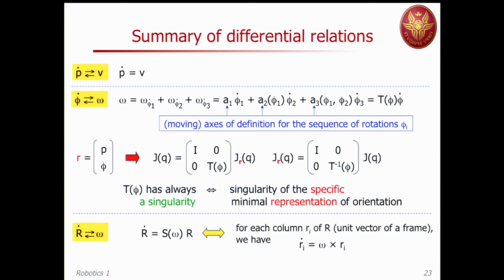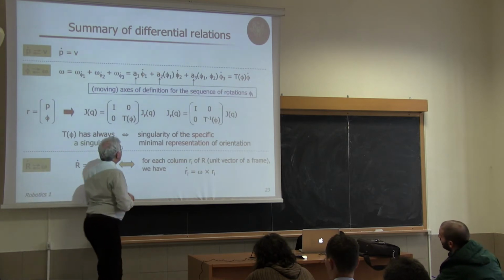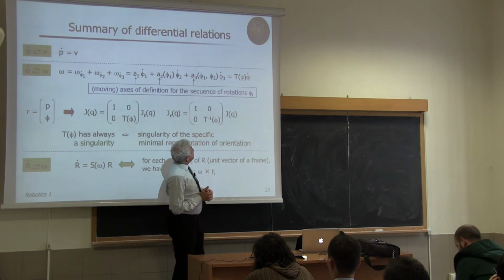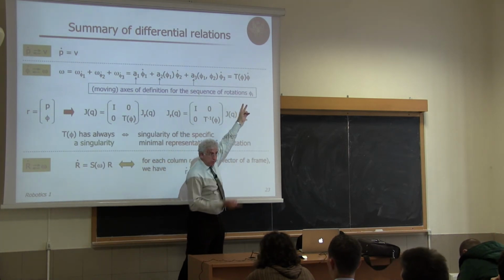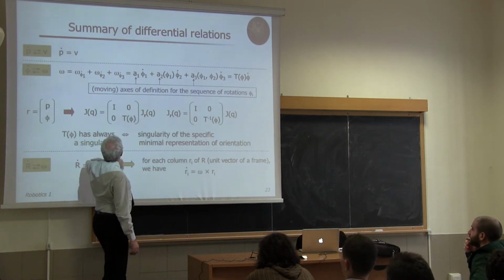And in general, there is a transformation, which is a function of at most the first 2 variables if we are using moving axes. And this is the T matrix that we have computed for one case. So T times phi dot gives omega.